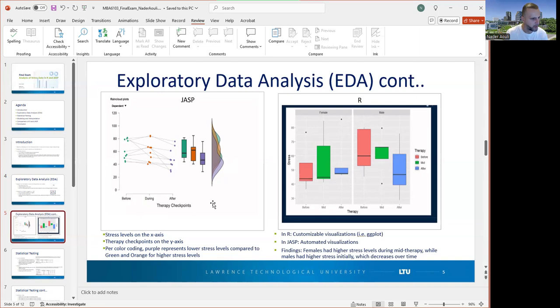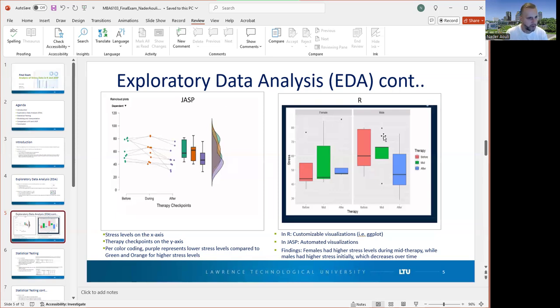Looking at the color coding, we see here the purple represents the lower stress levels compared to the green and orange that are for higher stress levels. So during therapy, as you go through the different checkpoints, it should improve over time, one session after another.